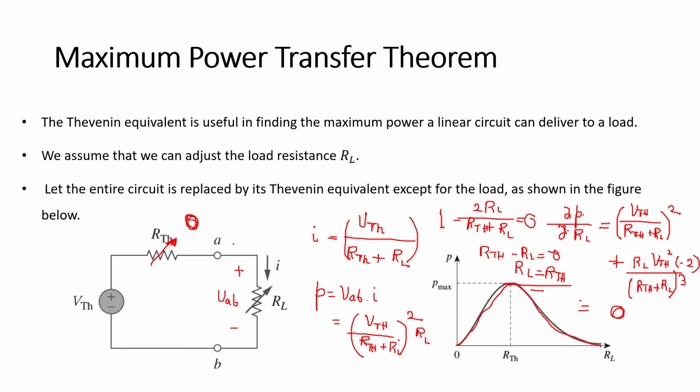So this is a trick question, please do keep it in mind while solving problems. In the maximum power transfer theorem, the load resistance varies, and when it equals the Thevenin resistance, it provides the maximum power to the load. But if the Thevenin resistance varies instead, it is at a value of 0 of the Thevenin resistance that the maximum power will be transferred to the load.